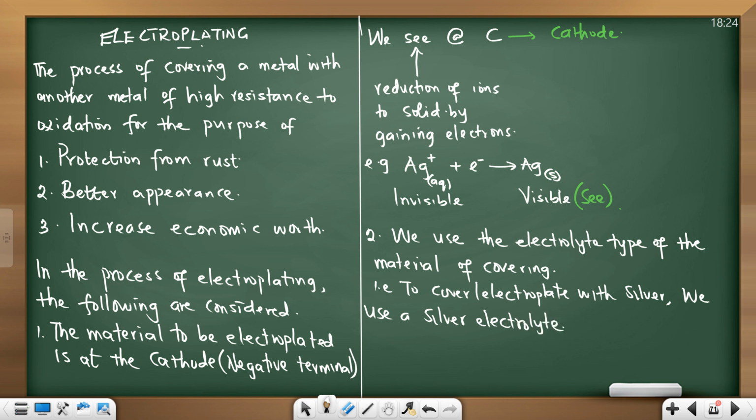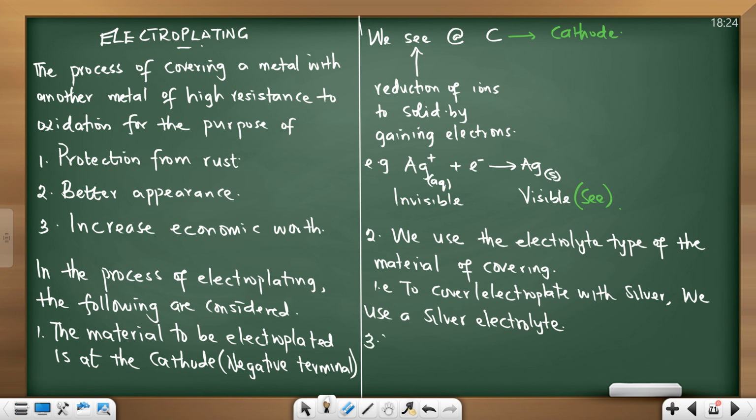To cover with gold, we use a gold electrolyte. To cover with platinum, we use a platinum electrolyte. Remember, electrolyte is the solution. All right? So we use the electrolyte type of the material of covering.